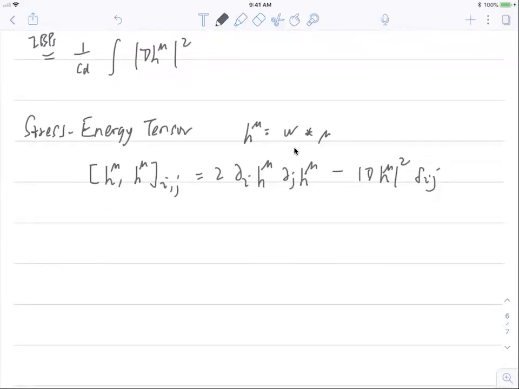Okay. So for mu regular enough, we can take derivatives, like the second order derivative of h mu. So we can take the divergence of this metric tensor.